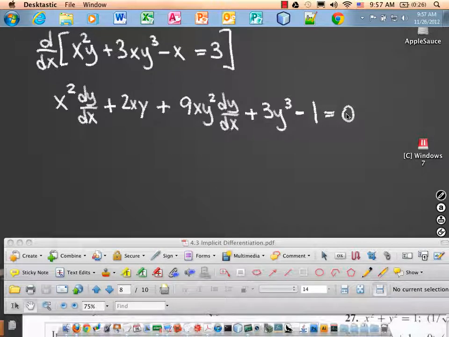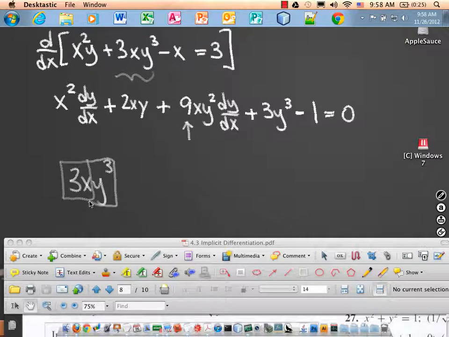Okay, let me put the brakes on there. Any questions up to this point? Perhaps where did I get the 9 from? This one right here came from the product rule. When I take just the derivative of 3xy cubed, this is the first function, this is the last function.